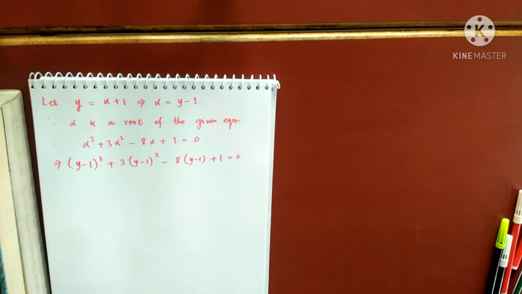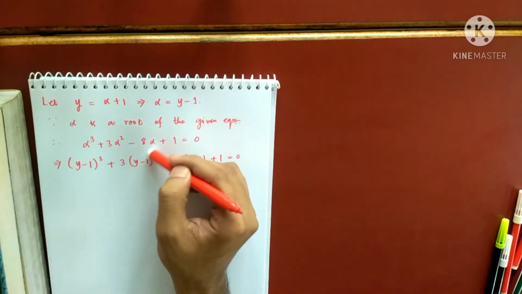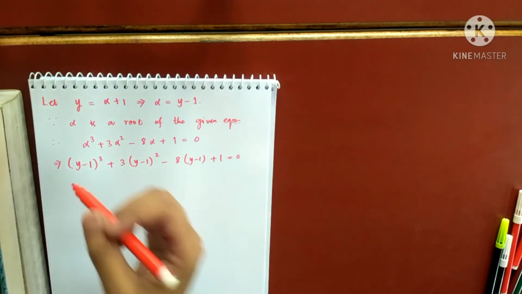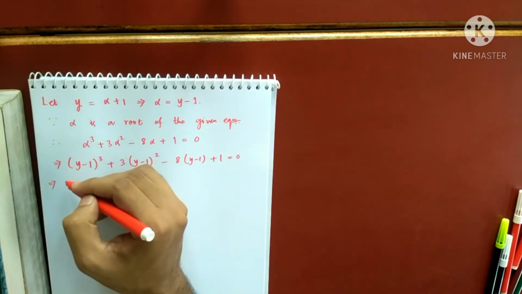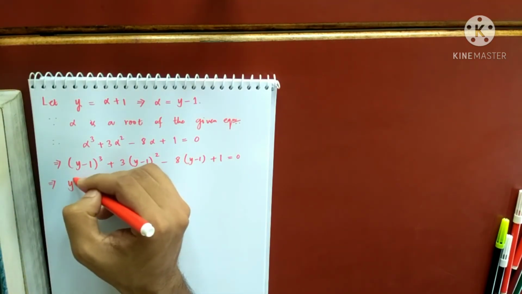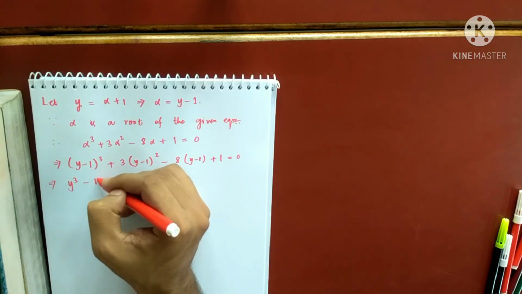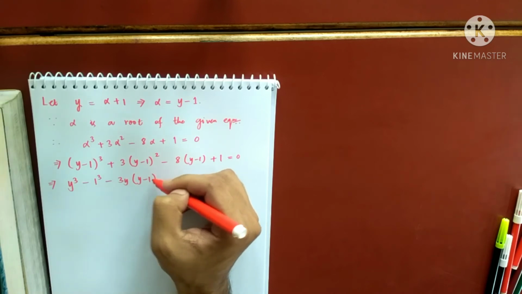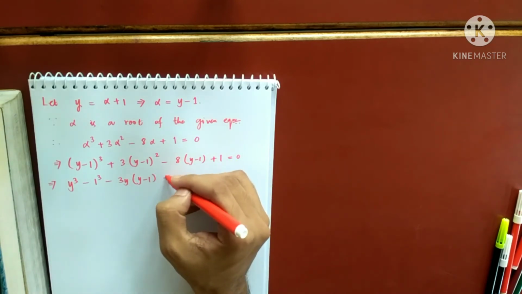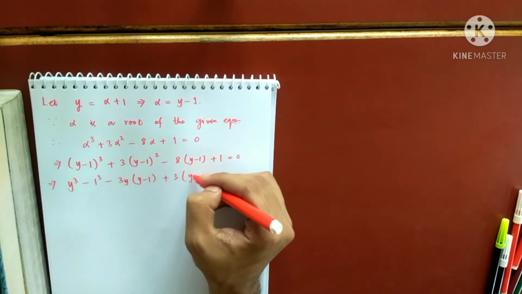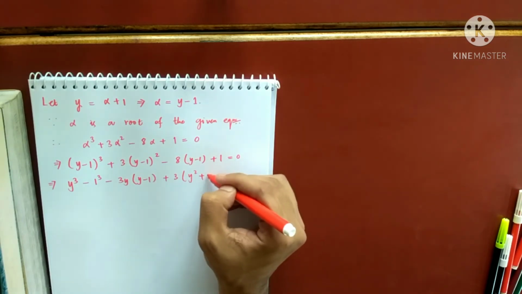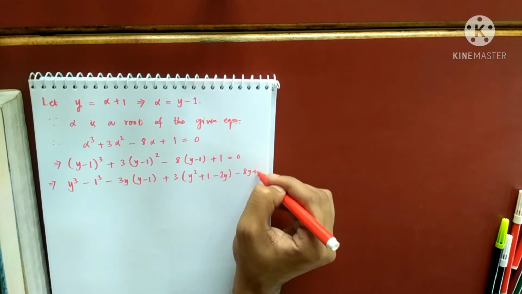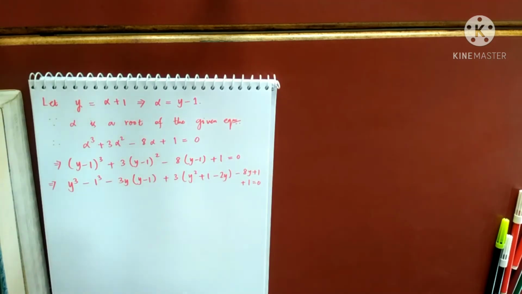But I will not ask you to apply synthetic division because the power here is very small. If the power is 4 or 5, then you go for synthetic division. So here I'll just open the bracket. You know the formula, a cube minus b cube minus 3ab in bracket (a minus b), and then plus 3(a square plus b square minus 2ab), minus 8y plus 8 plus 1 equals to 0.